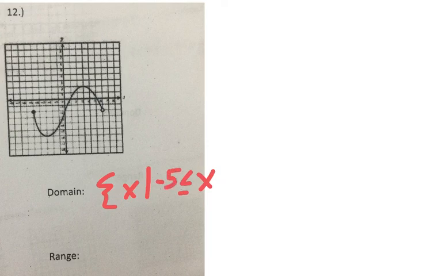Here's 0. 1, 2, 3, 4, 5. And -5 is included. What's the highest x value the graph takes on? 6, but 6 is not included because it's an open circle. So it goes all the way up to 6, but not including 6.